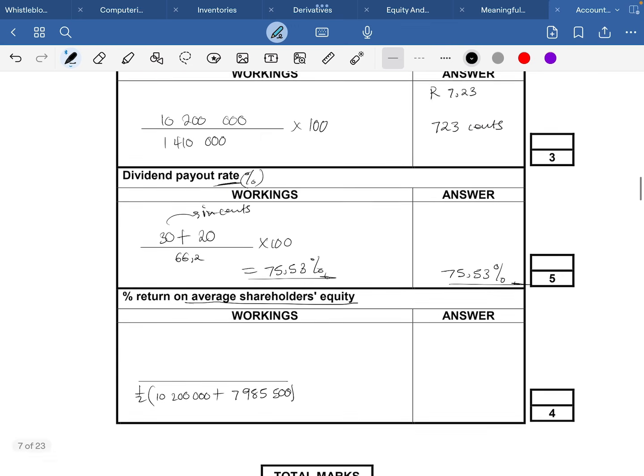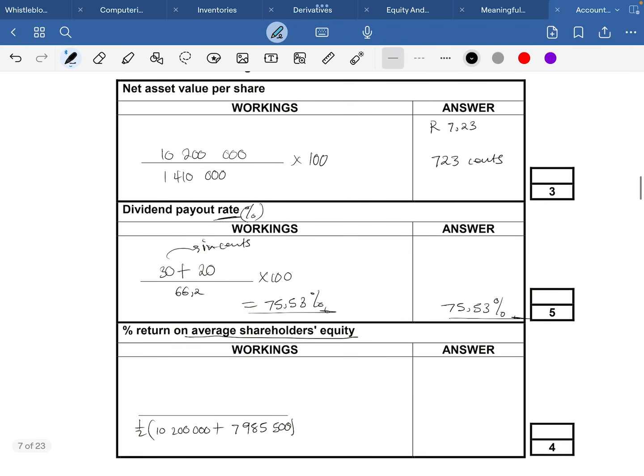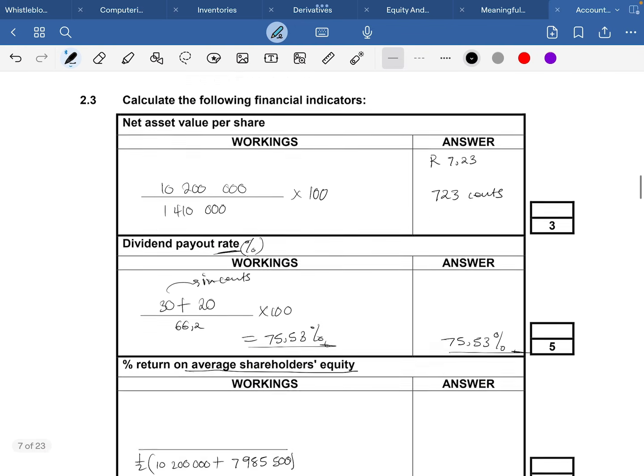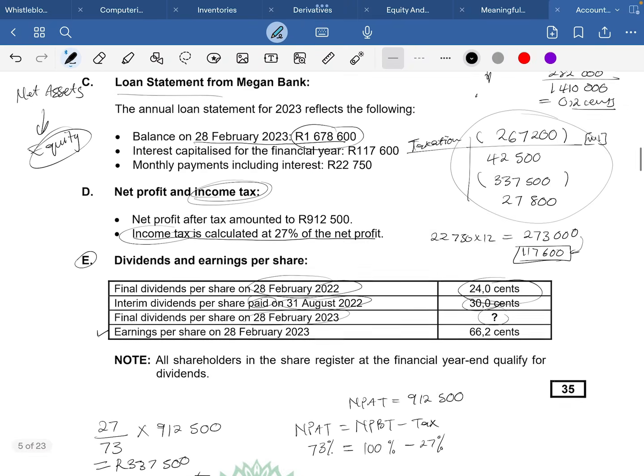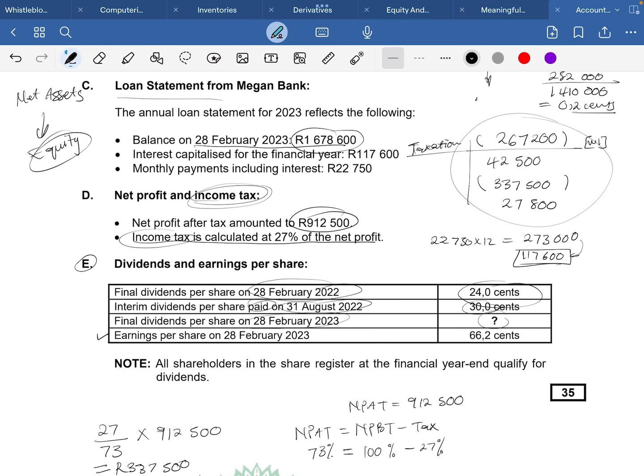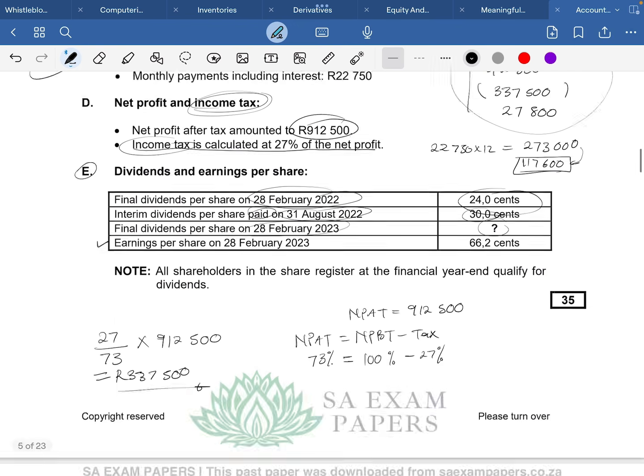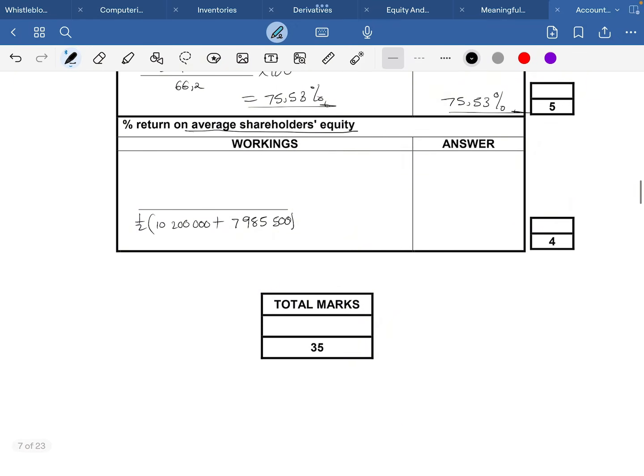Now you know that your return is your net profit after tax, right? Your net profit after tax, we're given here as 912,500. So this is net profit after tax. This is the opening balance. This is the closing balance of shareholders' equity.